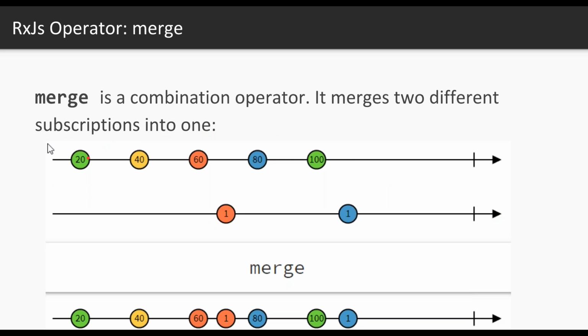If you have multiple different data sources, let's say in my example, I could have a subscription to Facebook posts and a subscription to Twitter posts. And I would subscribe to these two different sources, merge them into just one observable. And when I subscribe to that observable, I would get data from both Facebook and Twitter, for instance. So that's an example of use case for the merge operator.